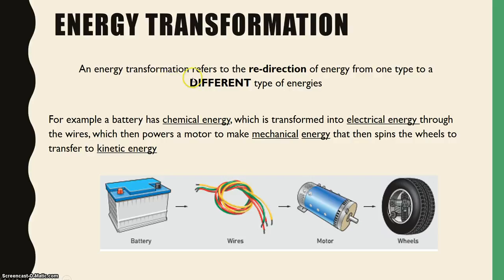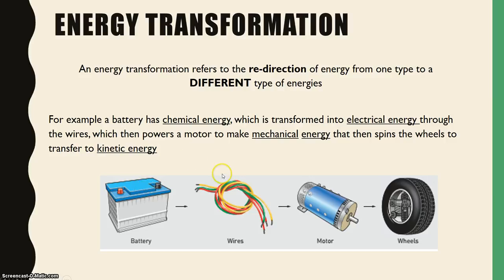An energy transformation is where you have the redirection or the changing of energy from one type to a different type. For example, you can have chemical energy in this battery, as I said before, which then moves to the wires. That's electrical energy, as underlined here. So we started with chemical, we're now electrical. Then that powers a motor over here to make mechanical energy.